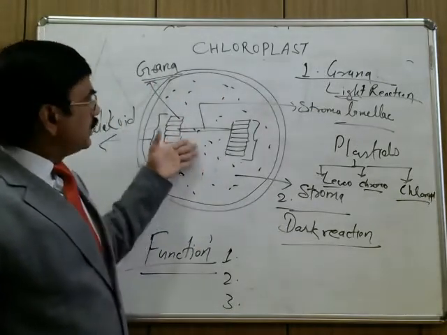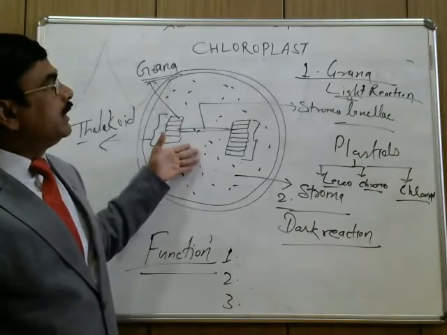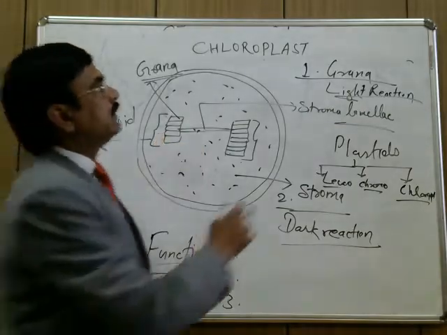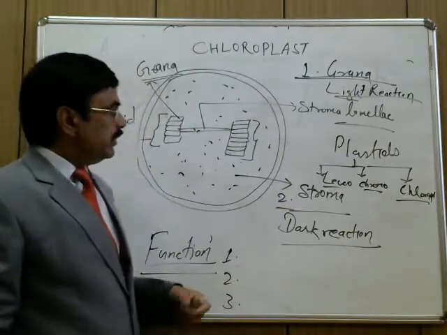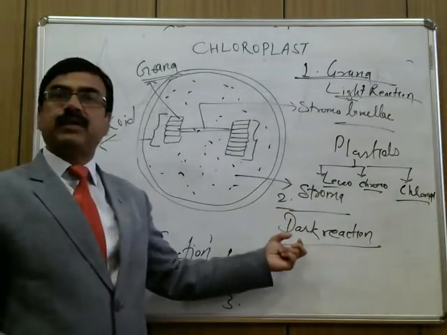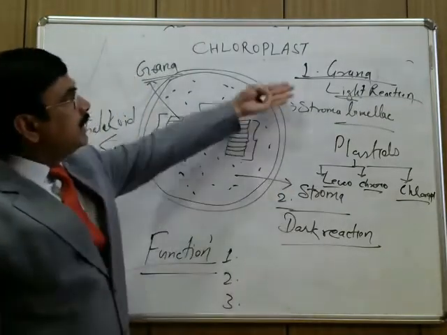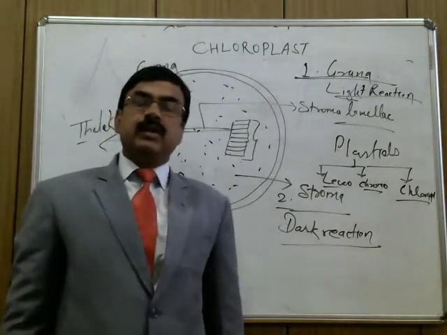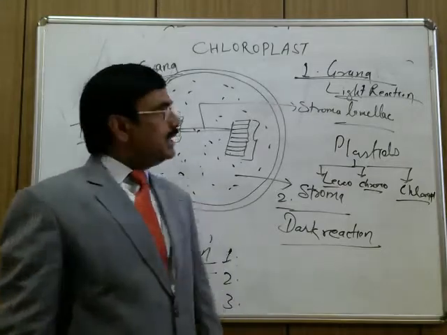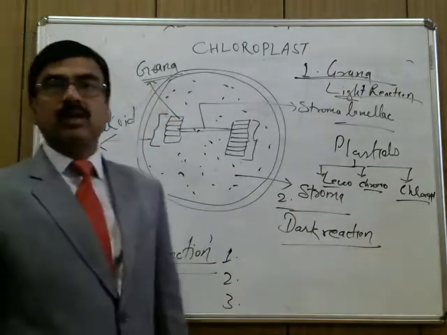The internal structure of chloroplast you got. There are two important parts: grana, and another part is stroma, which is responsible for dark reaction, and grana is responsible for light reaction.